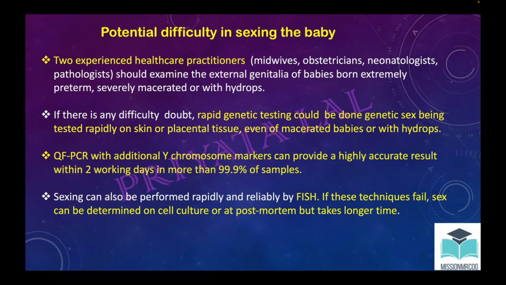So these are the options if there is a difficulty in sexing of the baby. Is it clear? Yes, so for the macerated babies also, at first they will try inspection. Yes, okay, thank you. Because if you are able to find out from the external genitalia only, then why would you do all other testing? Okay, thank you.